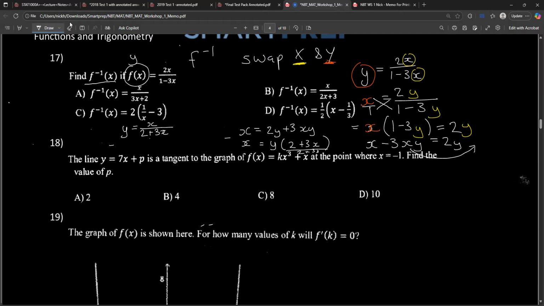Okay, and that should be the ball game. Hopefully we've got that as an answer. x over 3x plus 2. Okay, so it's A, because 2 plus 3x is the same as 3x plus 2.